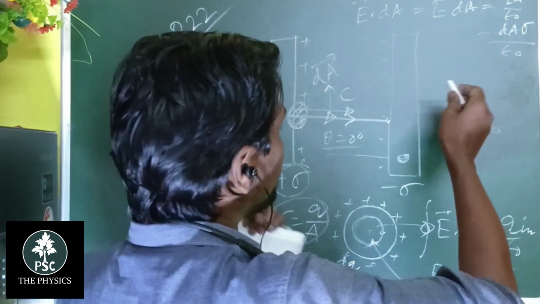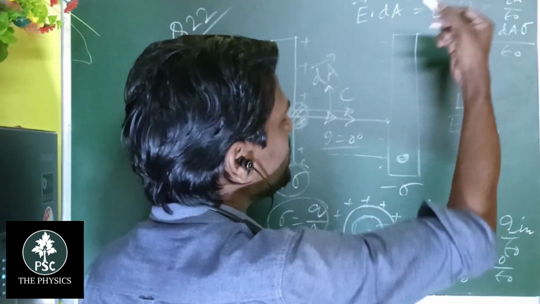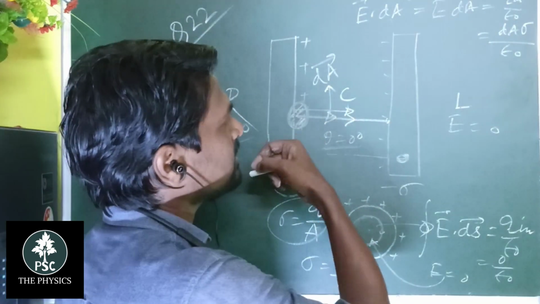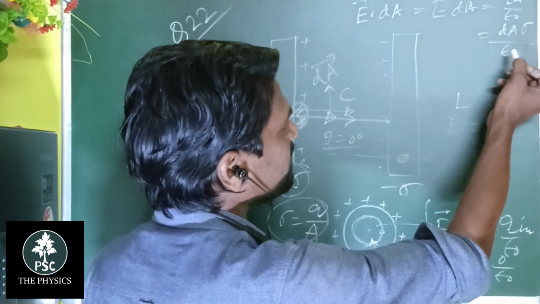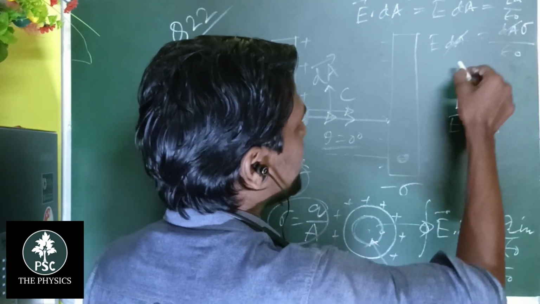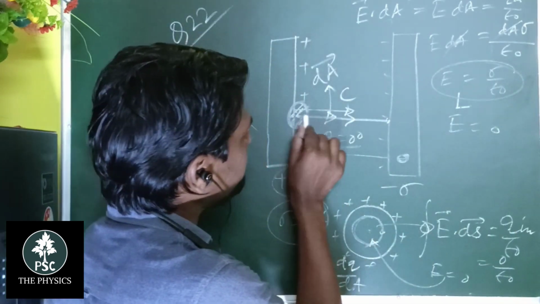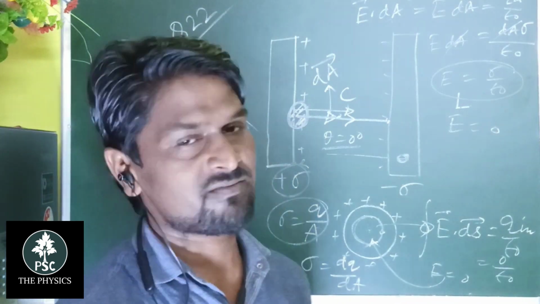The charge enclosed is Q inside, so this is dA into sigma, and EdA. So dA and dA cancel, and this is sigma by epsilon naught. So the electric field at that point is sigma by epsilon naught.